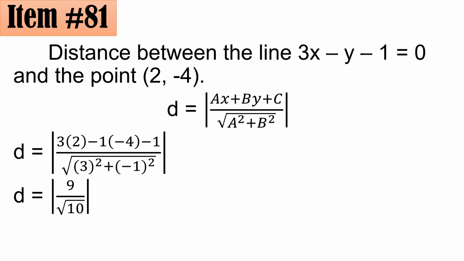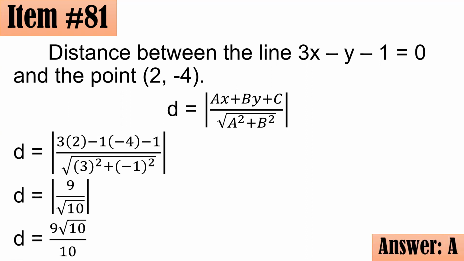So rationalizing this, we will multiply both numerator and denominator by square root of 10, giving us 9 square root of 10 all over 10. Letter A is the correct answer. So to all who answered A, good. But if not, it's okay. What's important is that we are discussing and we are learning.